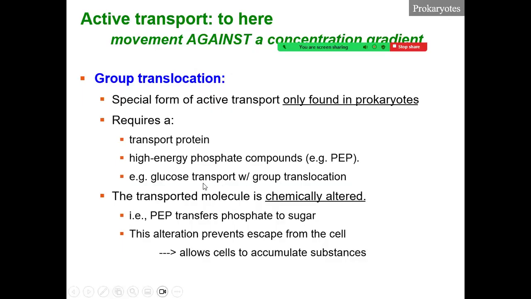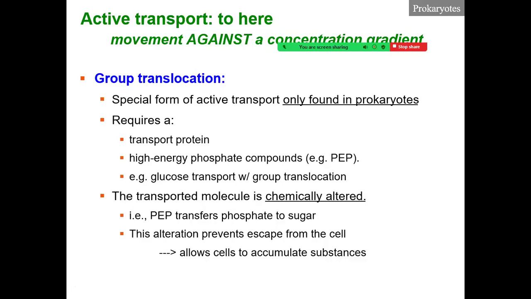And then it requires a molecule to move into the cell against its concentration gradient, such as glucose. But that glucose molecule, once it is transported into the cell, is chemically altered. The phosphate, which comes off of PEP, which is giving the energy that the transport protein needs to move glucose against its concentration gradient, comes off of PEP and then chemically alters the glucose.